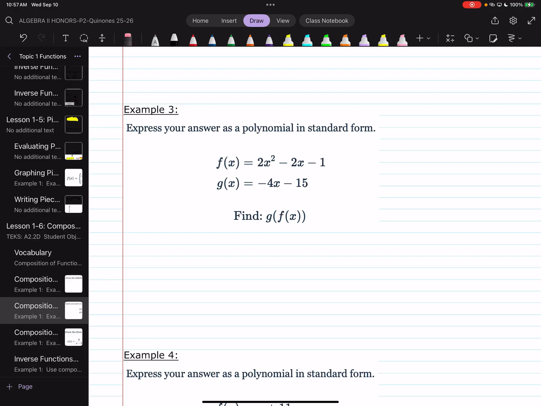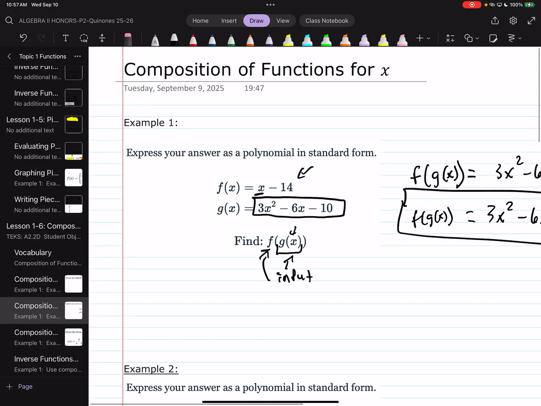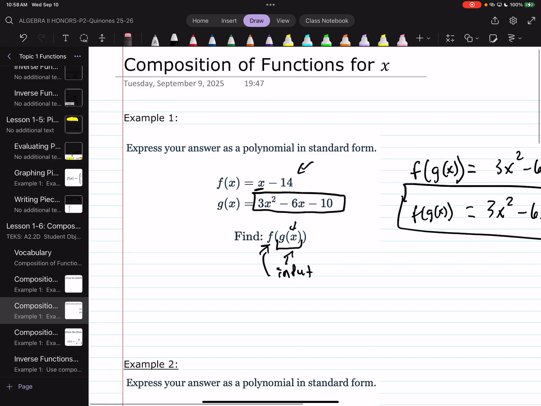Is that your question? Can the f of g of x go into either the f of x or g of x function? You are specifically told to evaluate it for this, so we need to follow this. So g of x needs to go into f of x in this particular case. Does that answer your question?